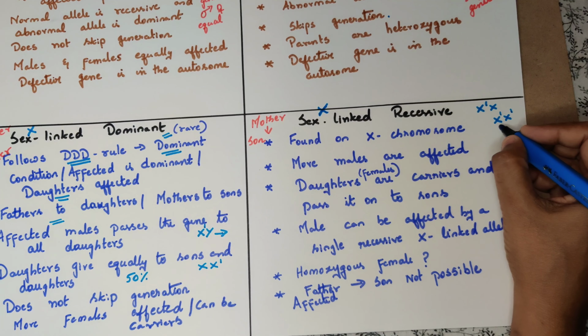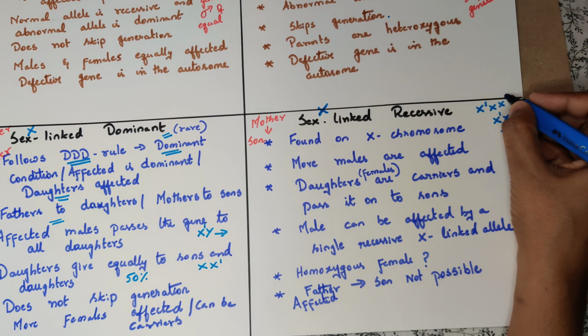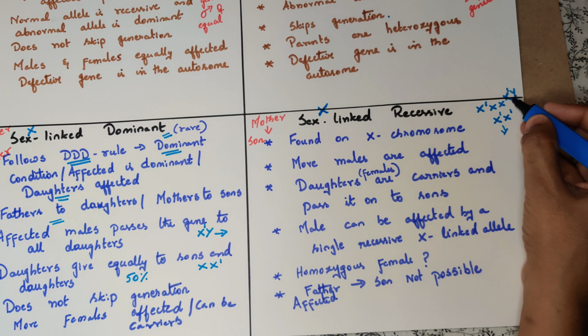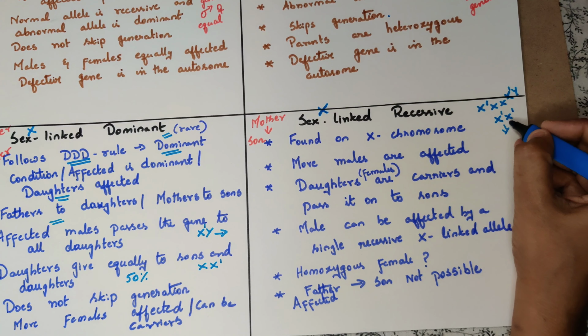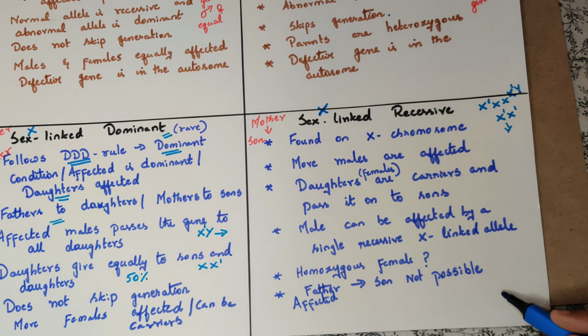For example, for a female to be born like this, she has to marry an affected male. A carrier female marrying an affected male is a very rare combination. Then only in that combo you will be getting an affected female. So it's always a female who is the carrier in this one.